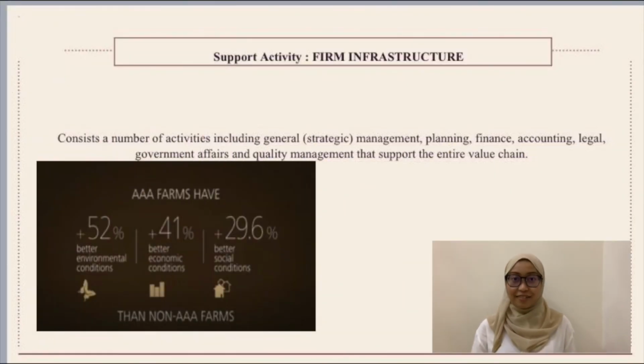Fourthly, the support activity is infrastructure. Firm infrastructure is a company's support system that allows it to maintain daily operations, and it usually supports the entire value chain and not the individual activities.